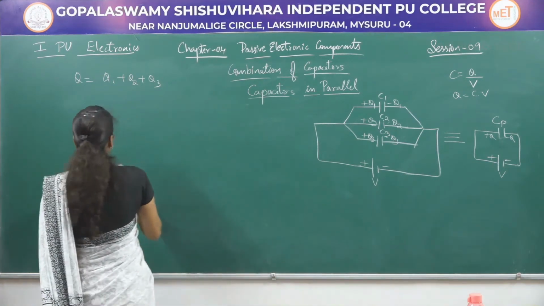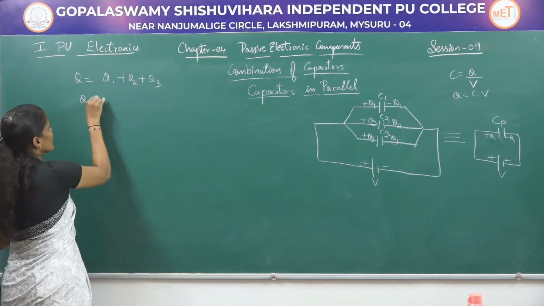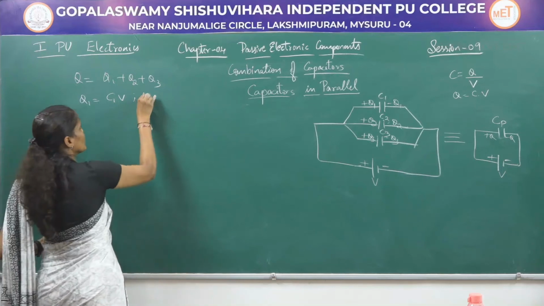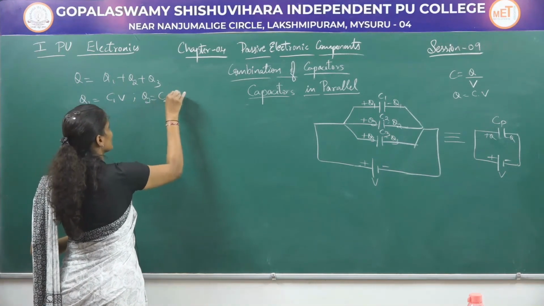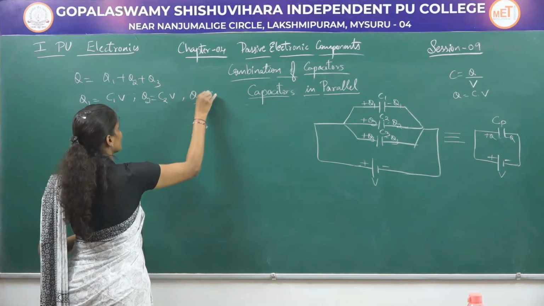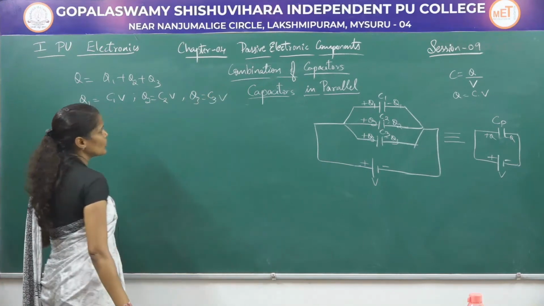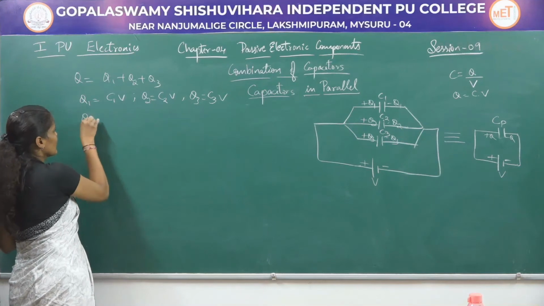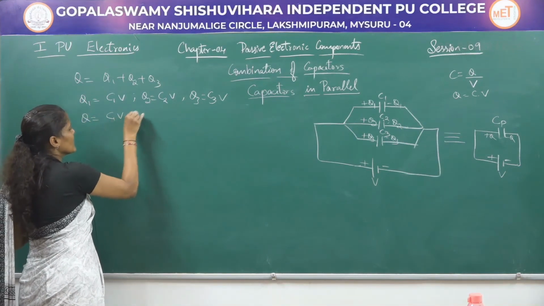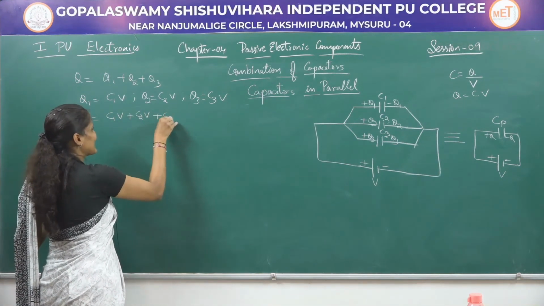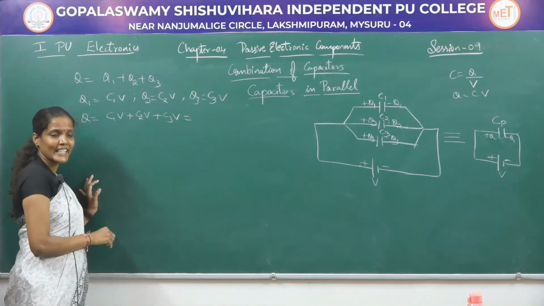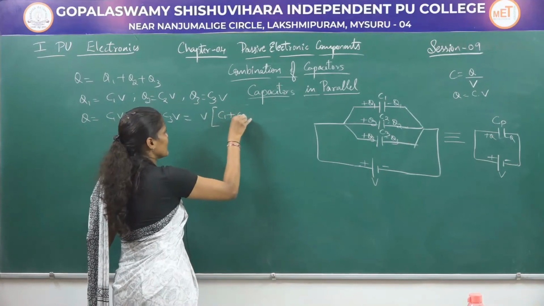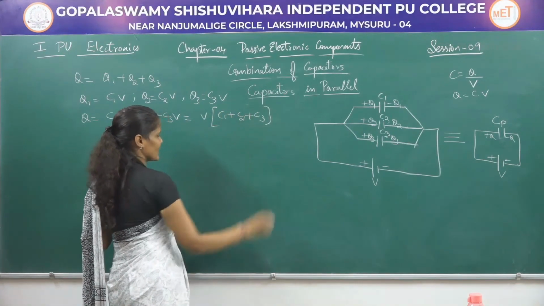So Q1 will be equal to C1 into V, Q2 will be equal to C2 into V, and similarly Q3 will be equal to C3 into V. Let us substitute these expressions in the above formula. Q will be equal to C1V plus C2V plus C3V, and I can take V as the common factor: V into C1 plus C2 plus C3.